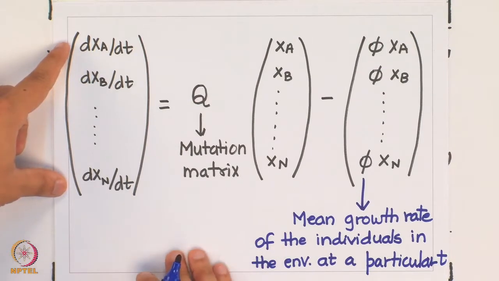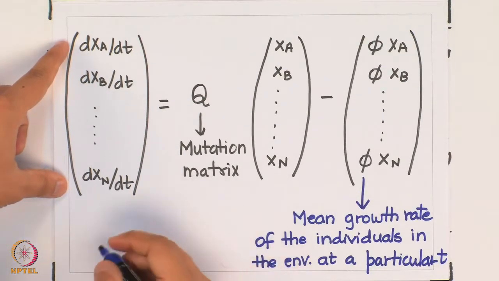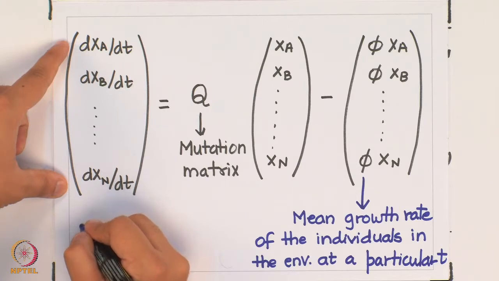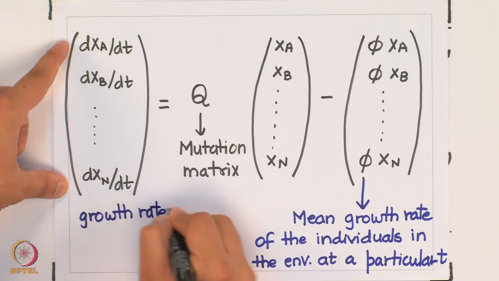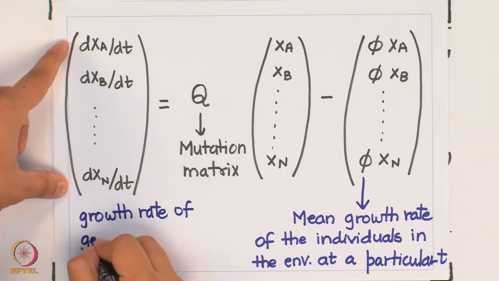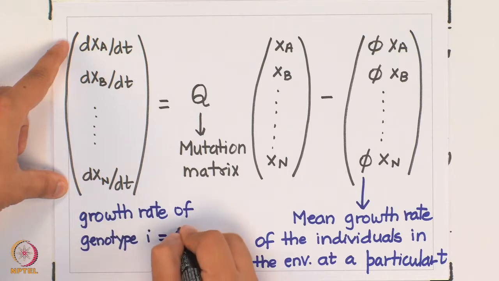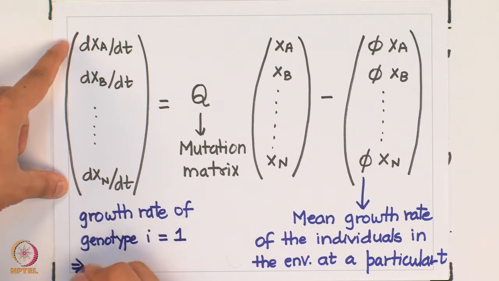And because, similar to the two species mutation that we were talking about, here also every single genotype is growing with a growth rate of 1, that means the mean growth rate is also equal to 1.